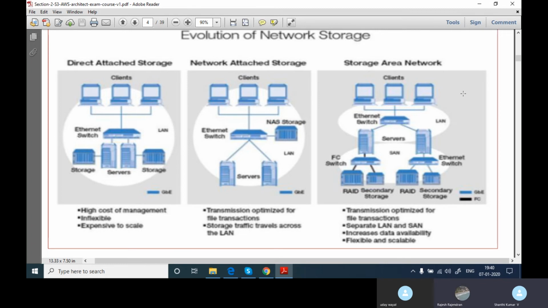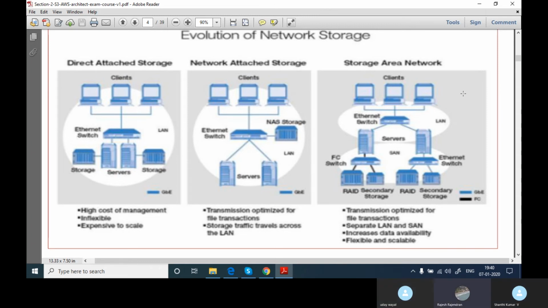Sir, one question: did NAS come first or SAN come first? No, DAS came first. When DAS came, I was not in IT, about 30, 40 years back.